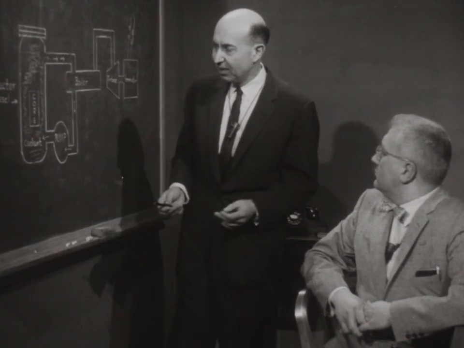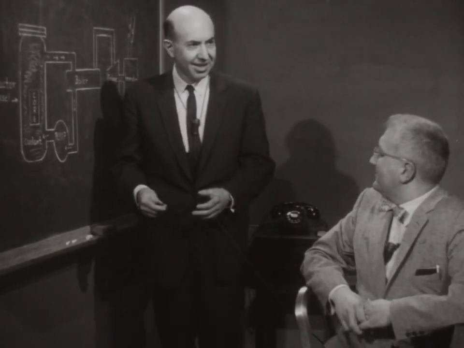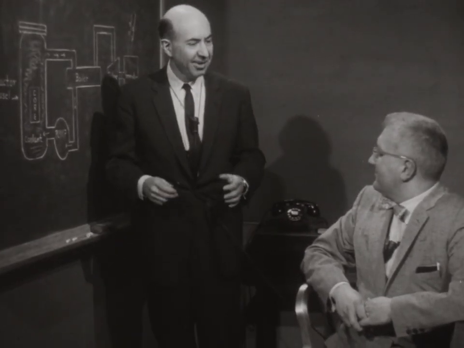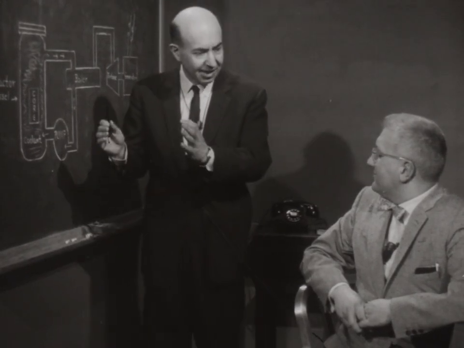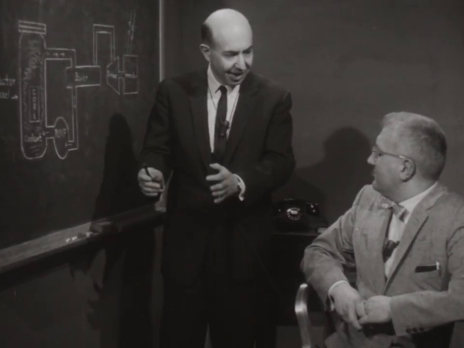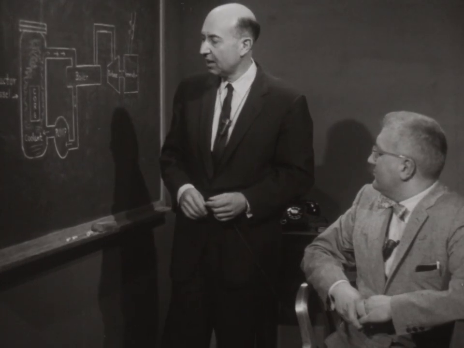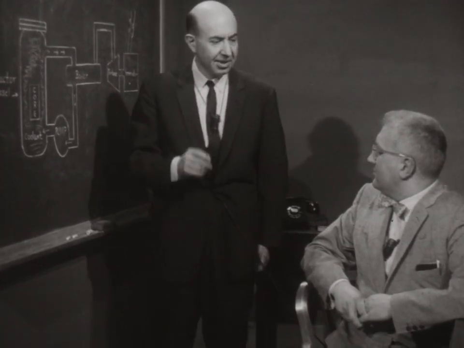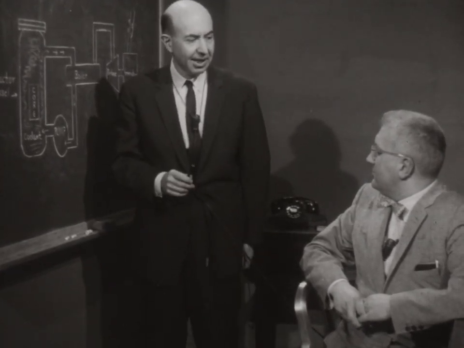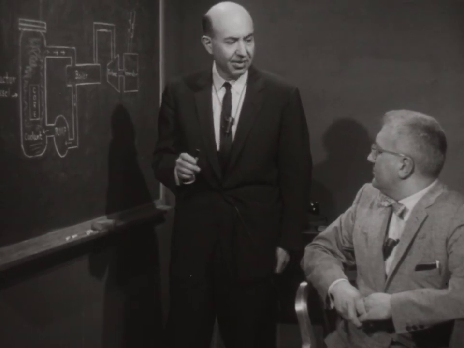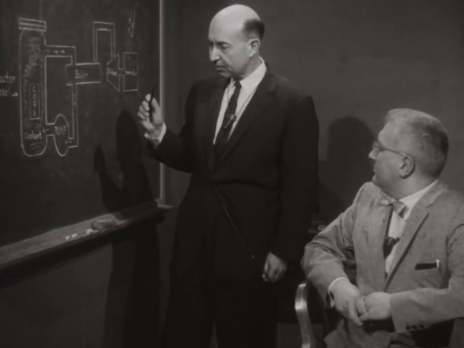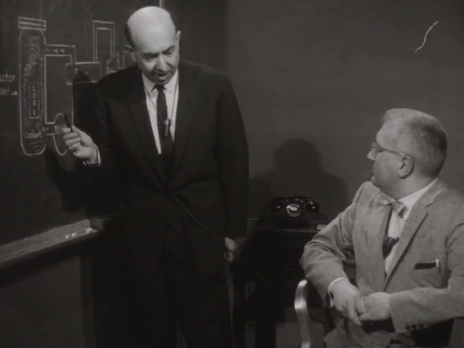Now, I suppose that the question that immediately arises is, why worry about all these various types? Why not just pick one out and work on it and make it work? Well, this is a very interesting point because there are advantages to certain of these reactor types, and there are good reasons for working on many different ones. We've mentioned the fast reactor.